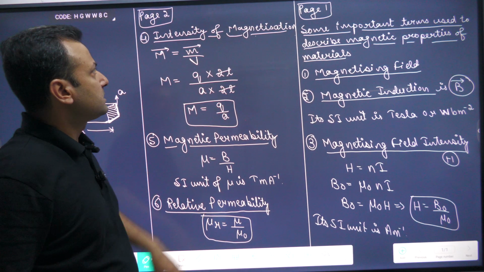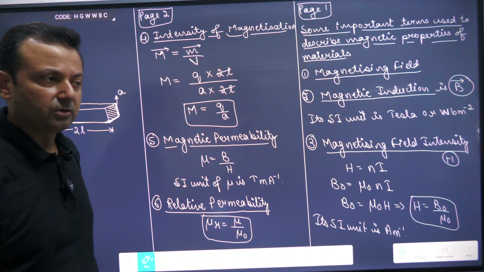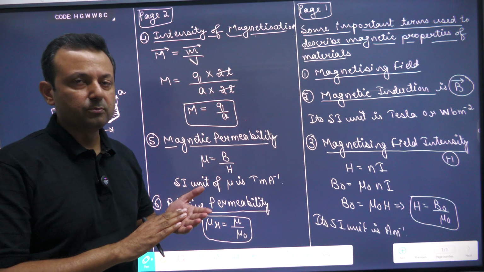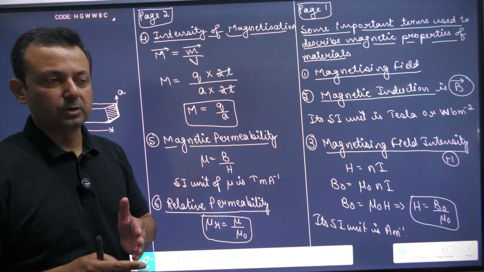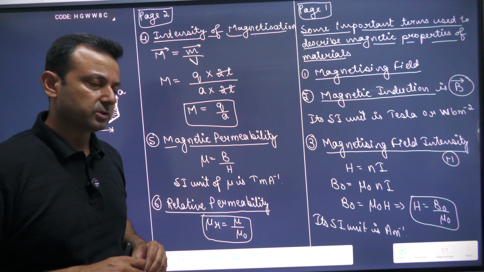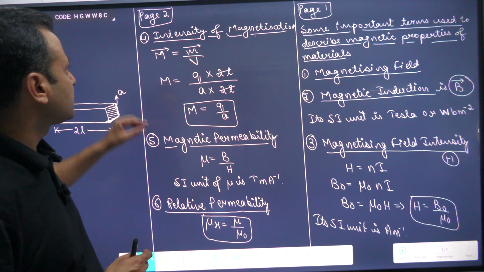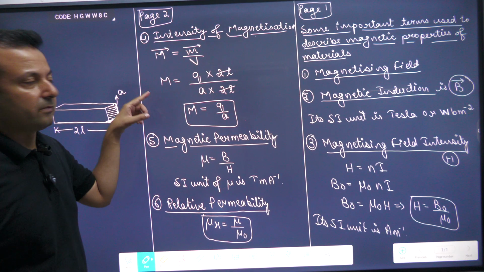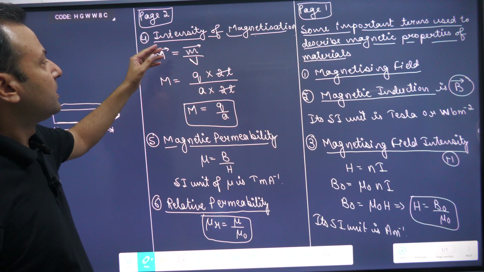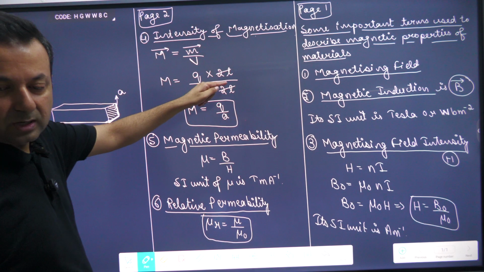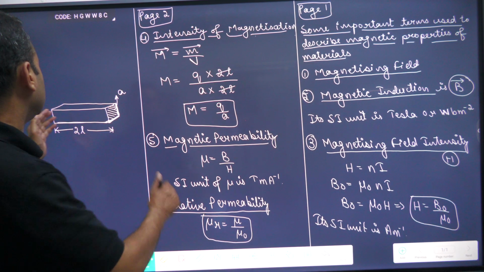Okay, now intensity of magnetization. What is intensity of magnetization? The magnetic moment developed per unit volume in a magnetic material is called intensity of magnetization. It is represented by capital M vector. Capital M vector is magnetic moment upon volume. Magnetic moment is Q into 2L, either charge into distance between them.